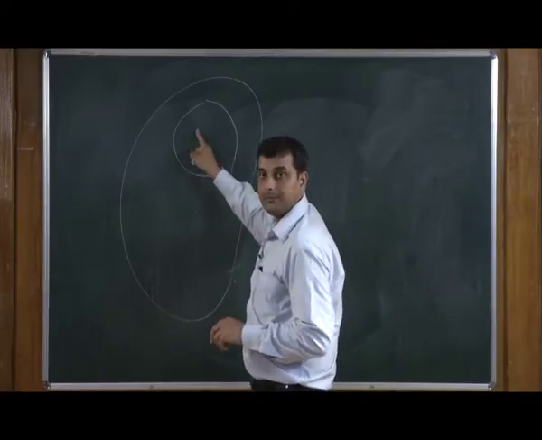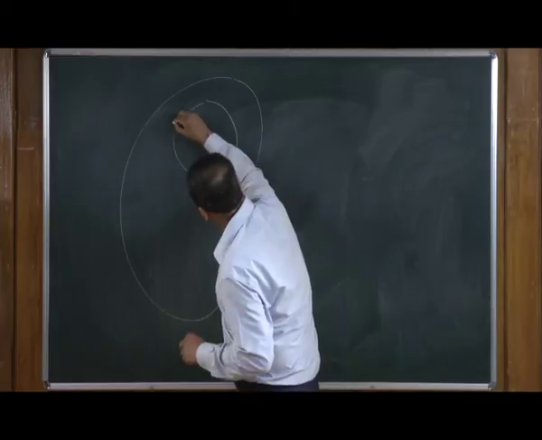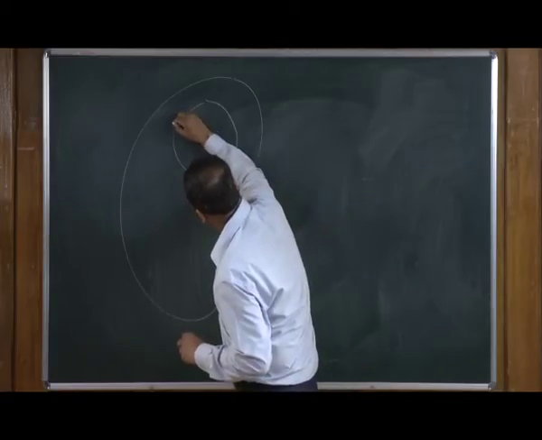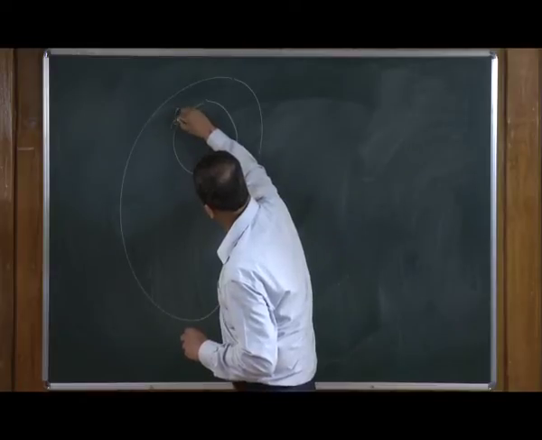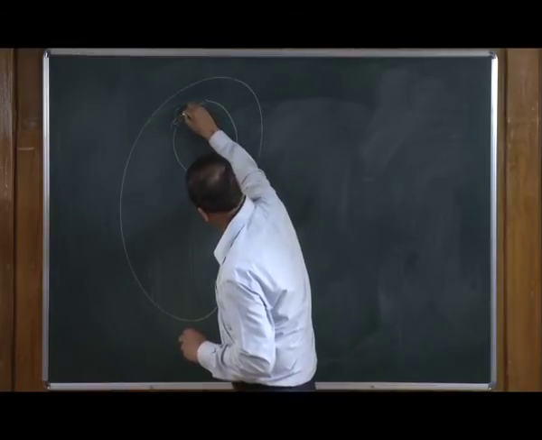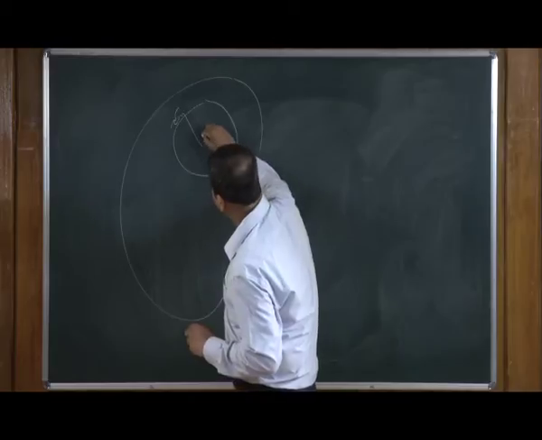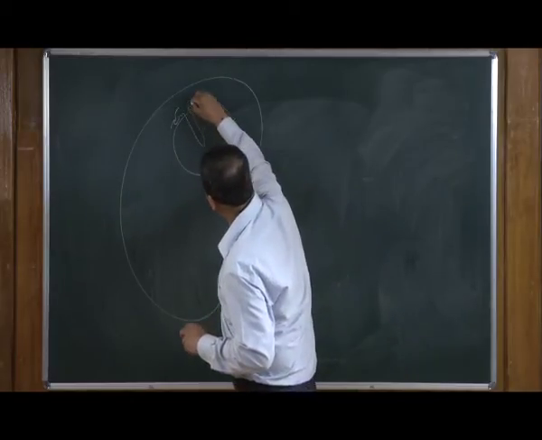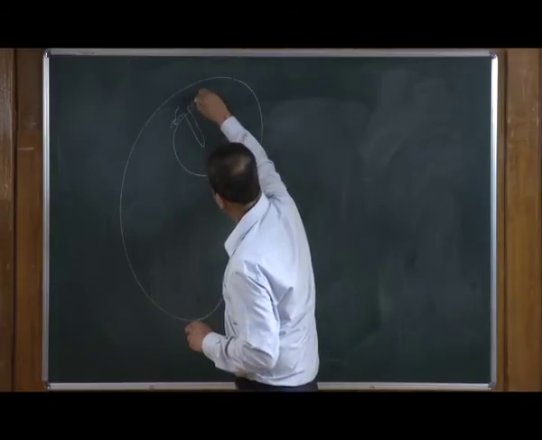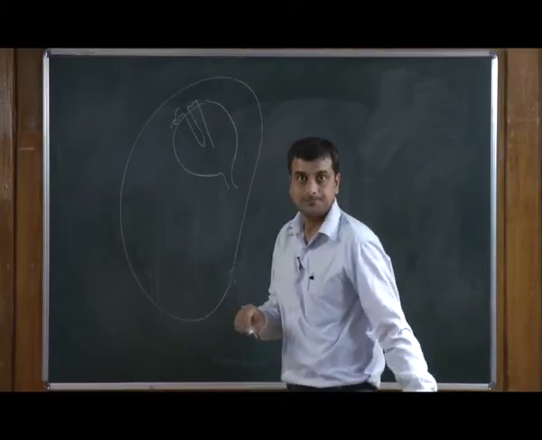For an individual pyramid, here is the glomerulus. So this is afferent, this is efferent. The glomerulus is connecting, this is the convoluted tubule, and this Henle loop is crossing into the medullary area, and then the distal convoluted tubule is here, and then you have a collecting duct also.